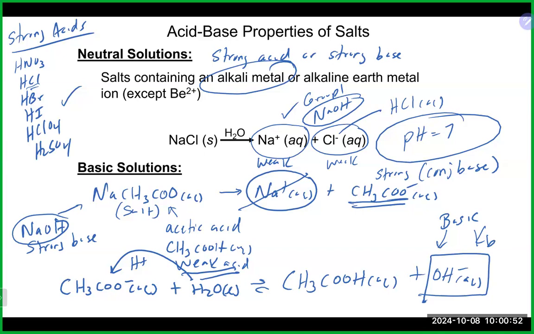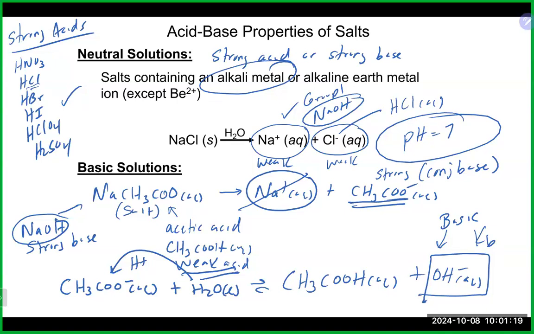So any type of salt that originated from a weak acid will go through hydrolysis. It will react with water. The end result of that is it will always produce hydroxide because it's always going to act as a base and accept the H plus from the water and produce that OH minus. And again, if we wanted to solve for the pH here, we would need to do an ice table with the equation that we have on the bottom.